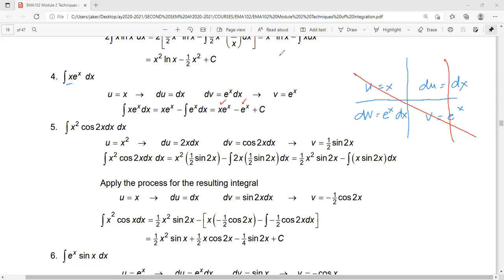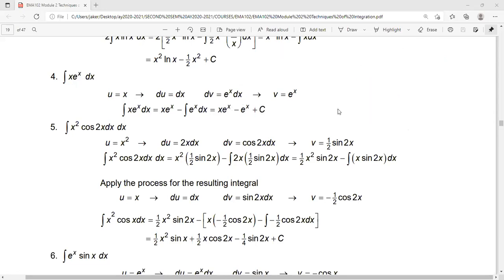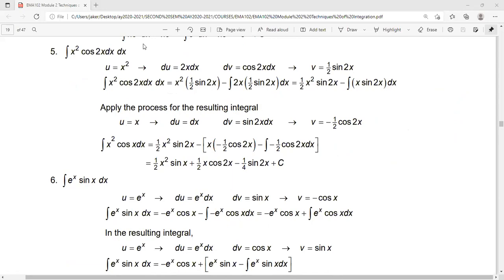Okay. We're here again. We'll go down. We'll draw another table. So in here you now have cosine of 2x dx multiplied to x squared.